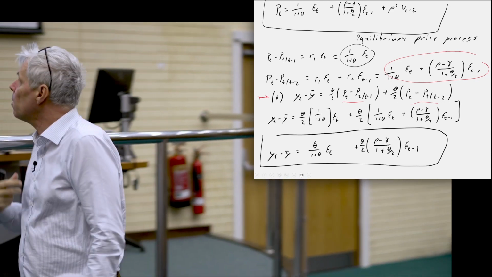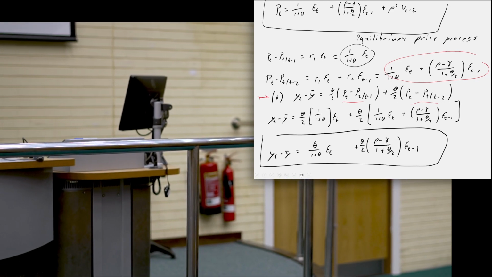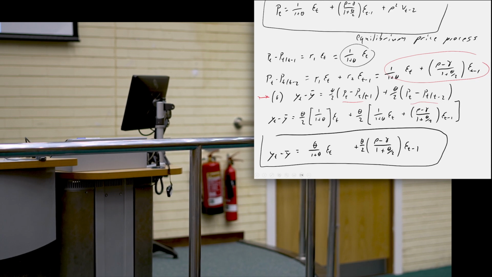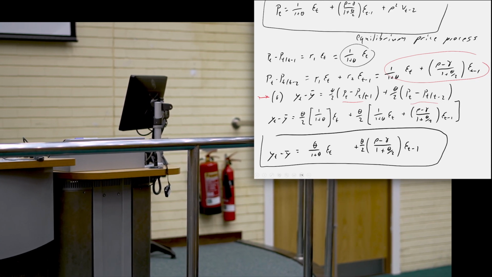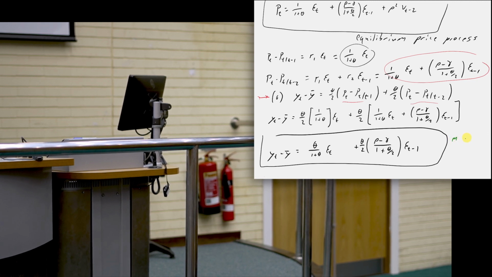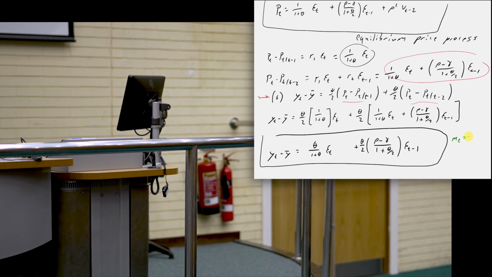Now let's talk about monetary policy. Remember, we had M_t equal to, I think, minus gamma E_{t-1}. So this is monetary policy.